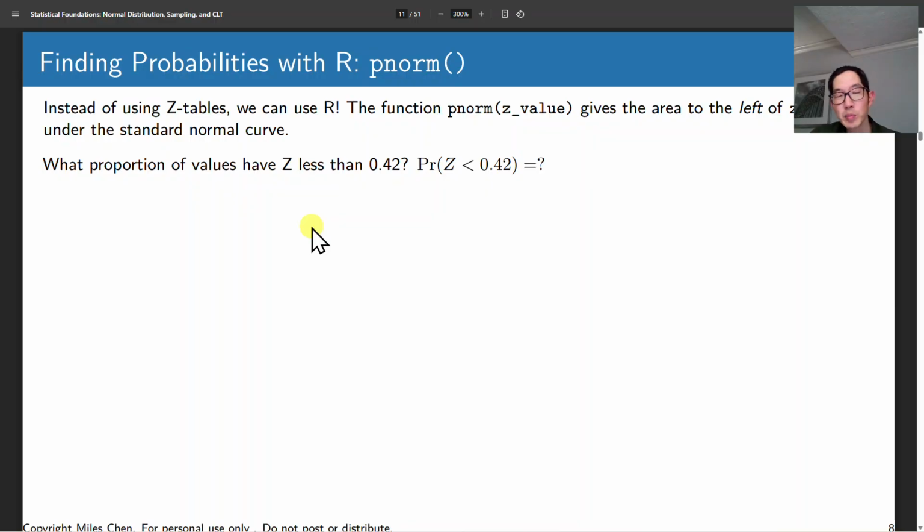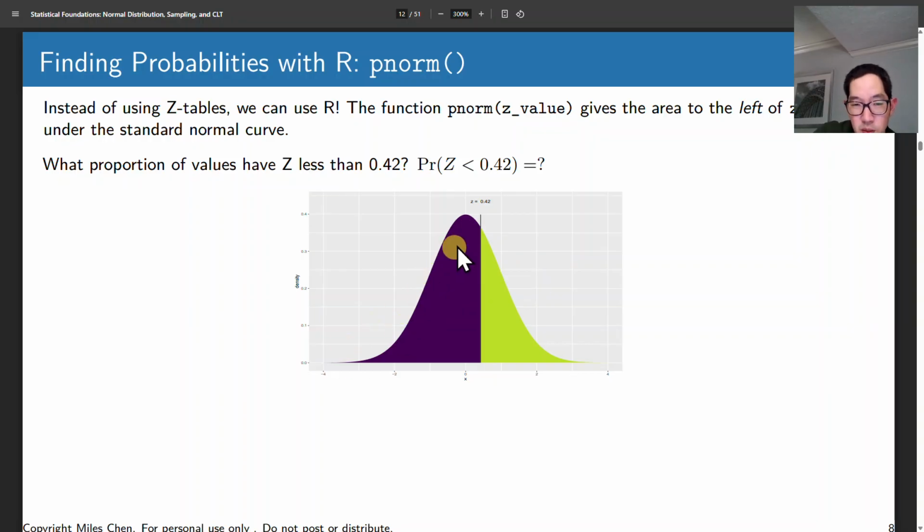So if I say, what proportion of values have z less than 0.42, or in other words, what's the probability that z is less than 0.42, we can type that into R by asking pnorm of 0.42. So in the diagram here, again, the total area under the curve is 1, and we are at positive 0.42, so we've shaded in purple a little bit more than a half.